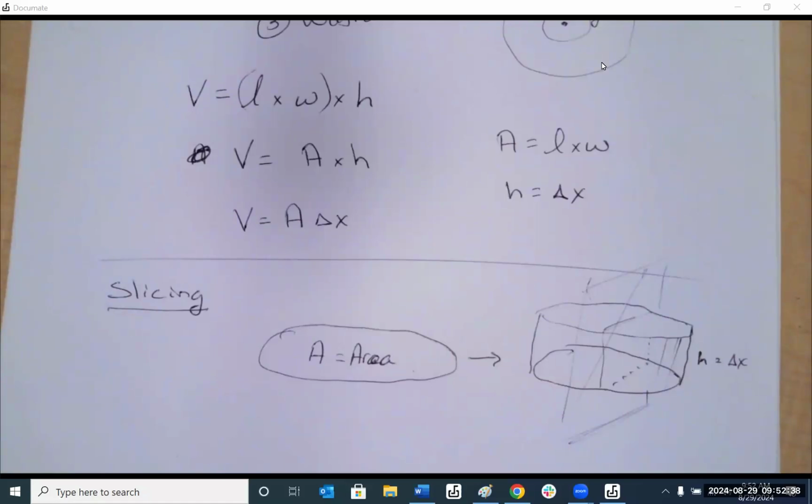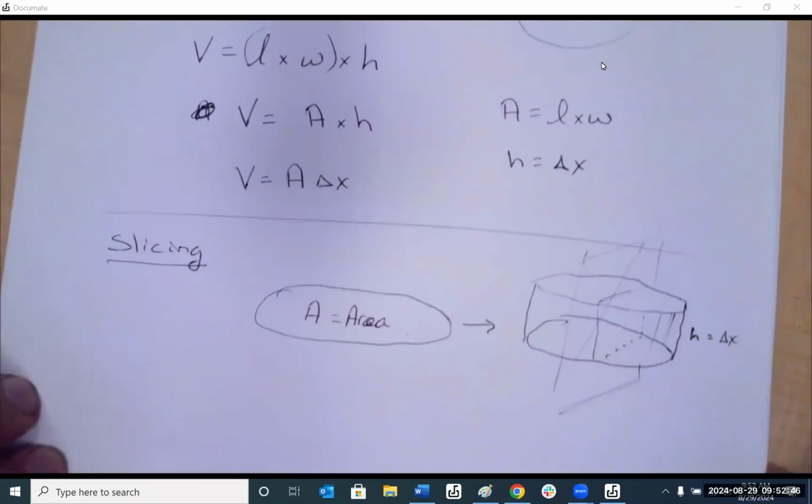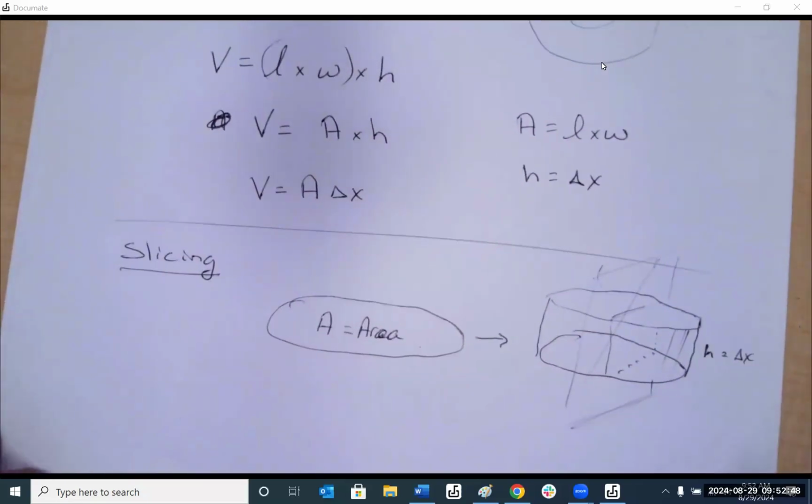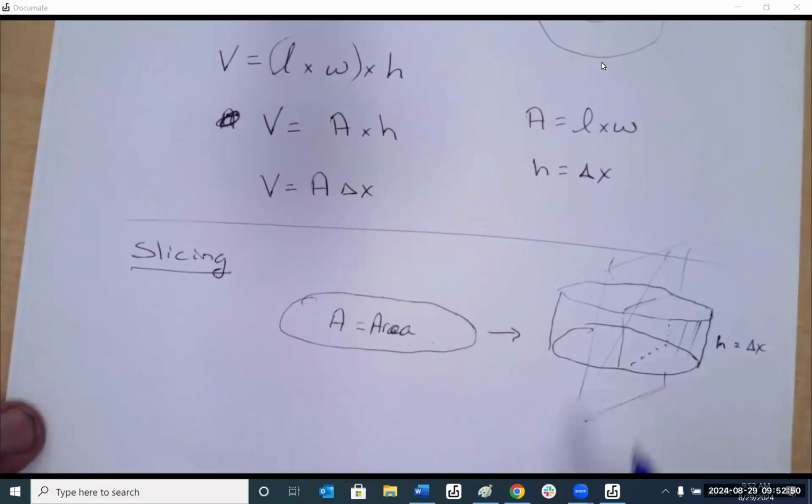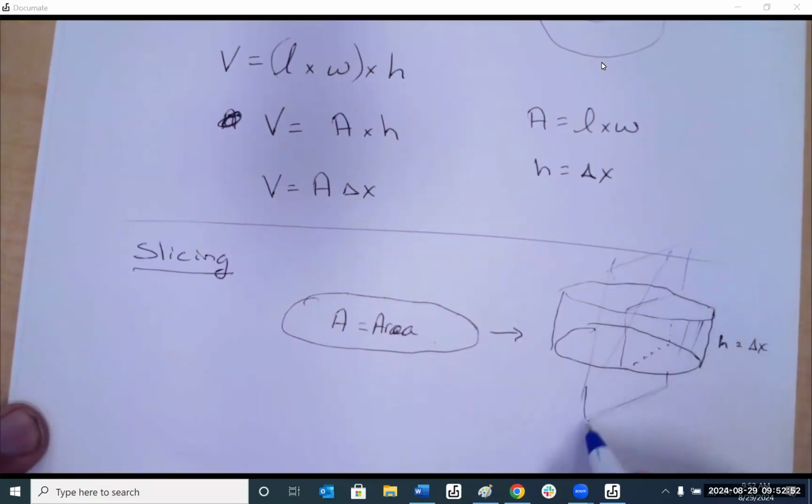So then how are we going to find the volume of it? This is our x.